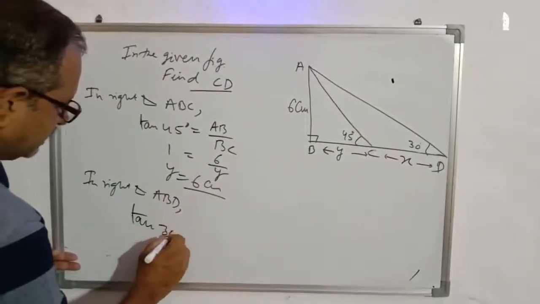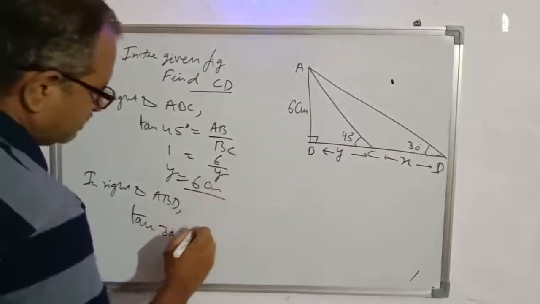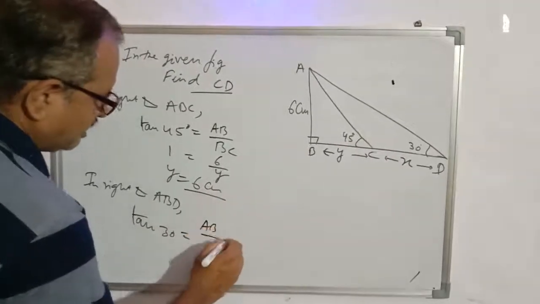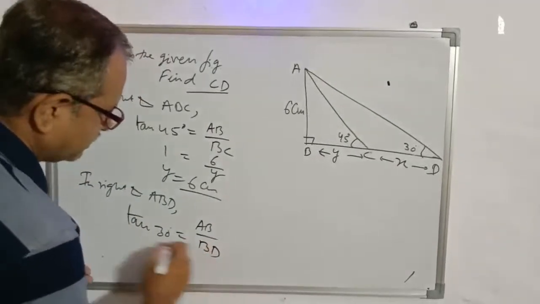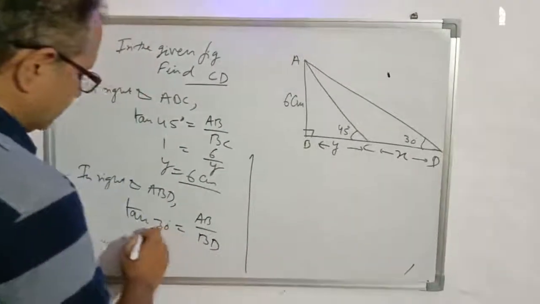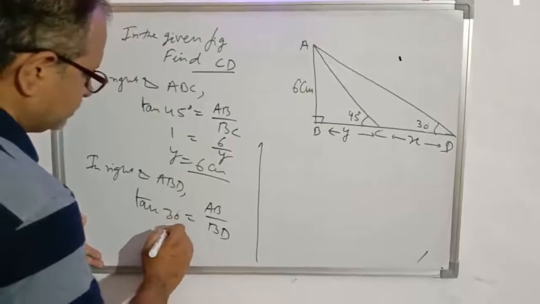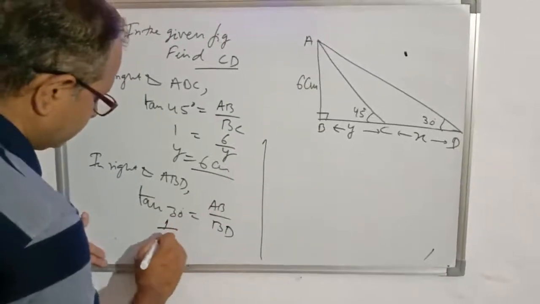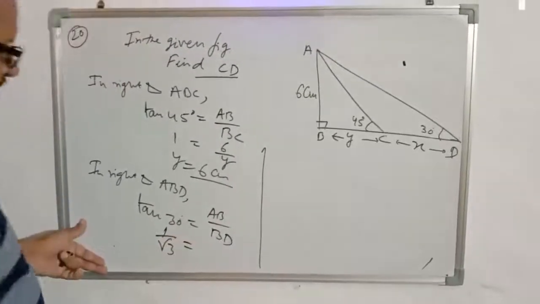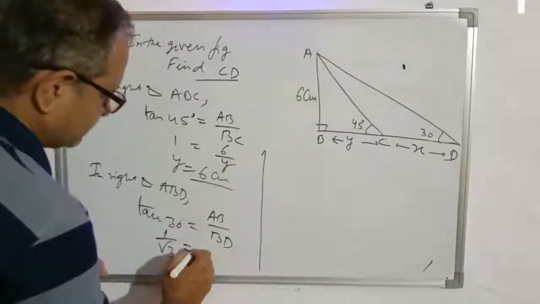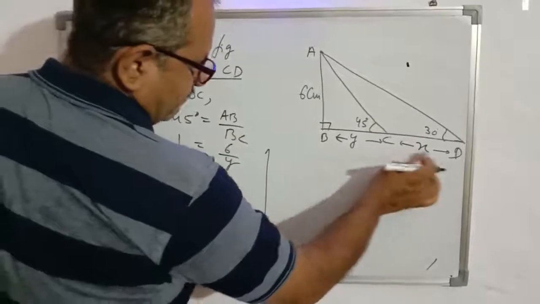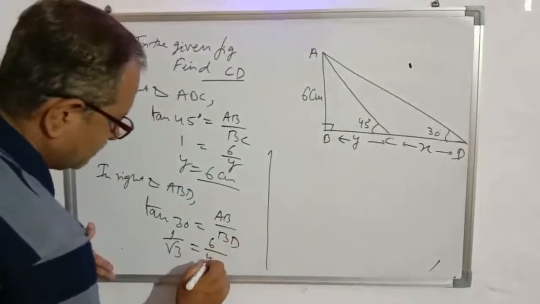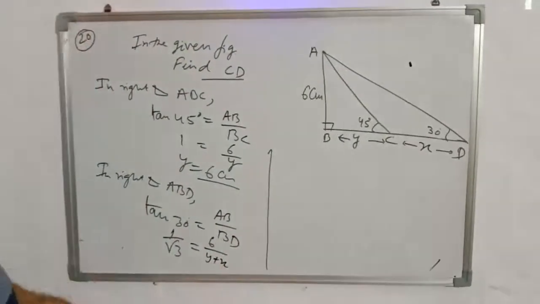So tan 30 degree is equal to AB upon BD. What is the tan 30 value? Tan 30 value is 1 by root 3. AB is 6. And BD is Y plus X.